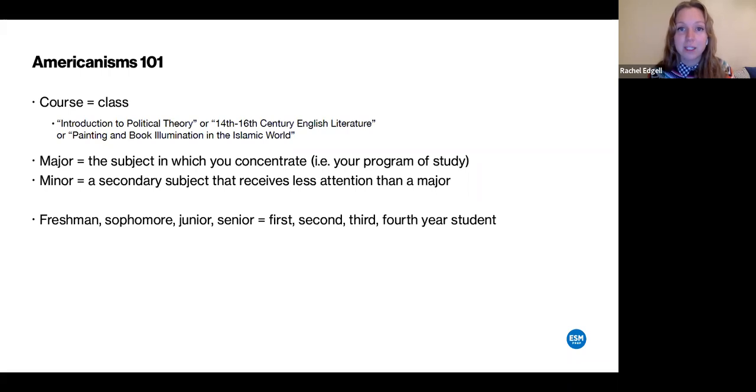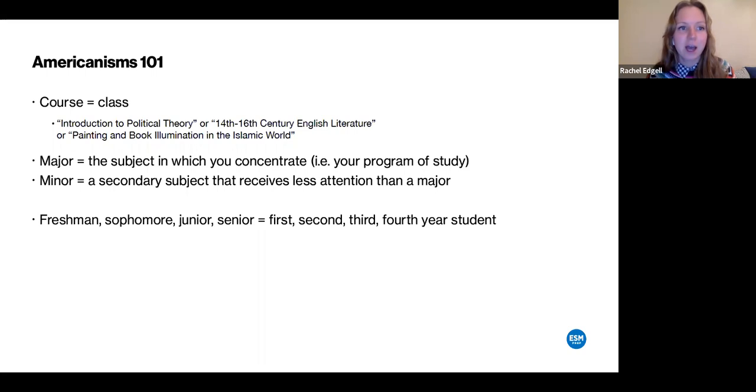But a lot of Americans and a lot of other organizations might use university, college, or even school interchangeably. So just be aware of that. If you hear someone talking about college in an American context, they're talking about university. If you hear them say school, they could be talking about secondary education, or they could be talking about university or college as well. So something to be aware of.